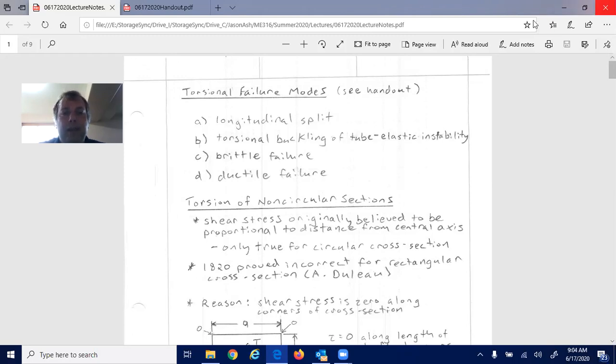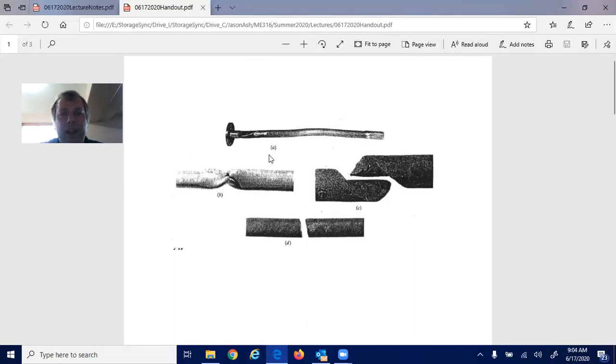And I have these listed here, A, B, C, and D, but they correspond to the figure in the handout, where A, there's a longitudinal split. You can see it wrapping itself around the length of this shaft. That is something that's common if you're dealing with wood grain structures as well.